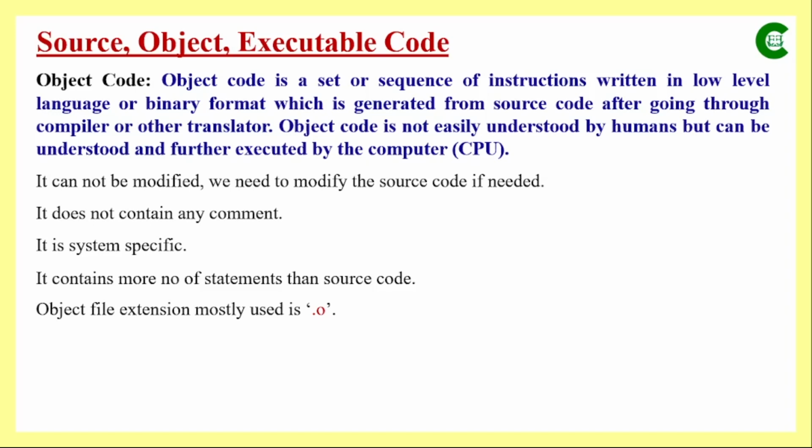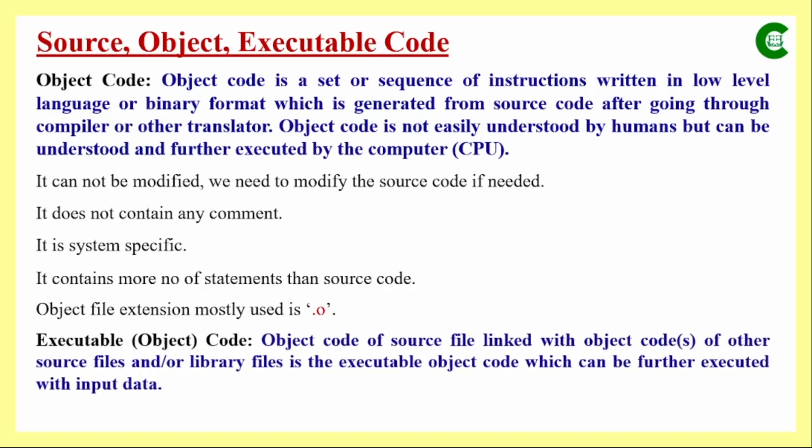And then finally, another format of the code is generated, and that is called executable object code, which is finally executed with input data. So executable object code is that object code of source file linked with object codes of other source files and/or object code of library files, and that is the executable version of the object code which can be further executed with input data.